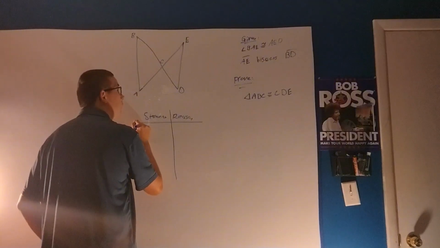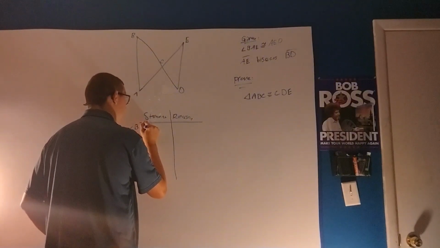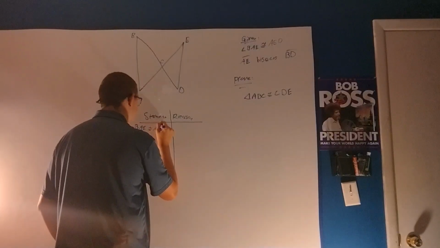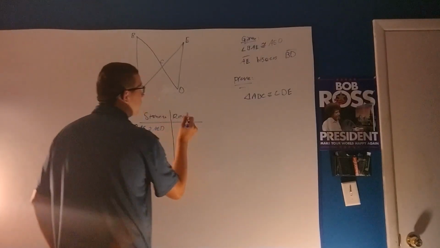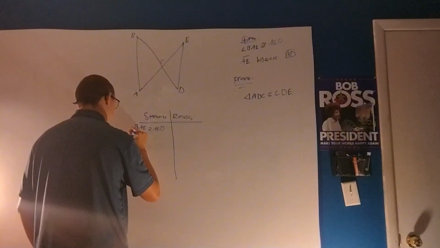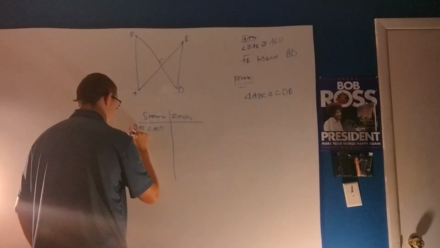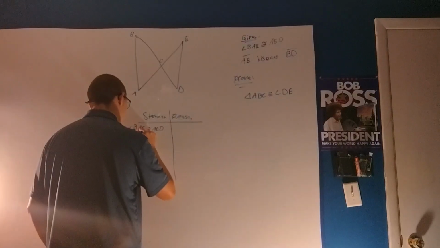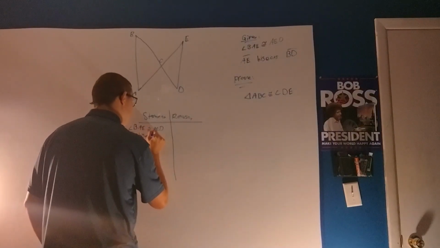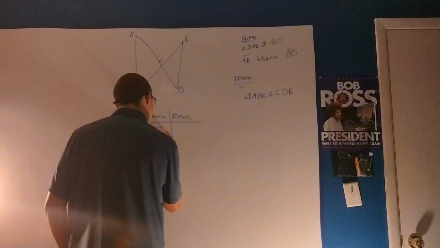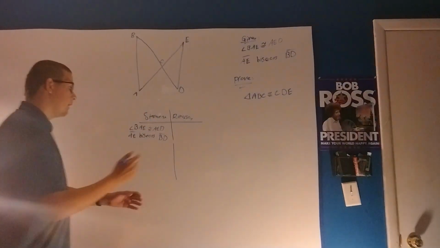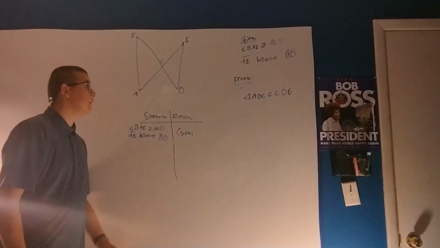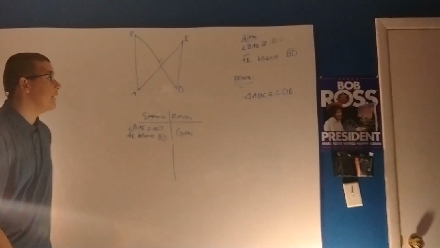So angle BAE is congruent to AED, and that AE bisects BD. Like that. And this is because given, we're told that.